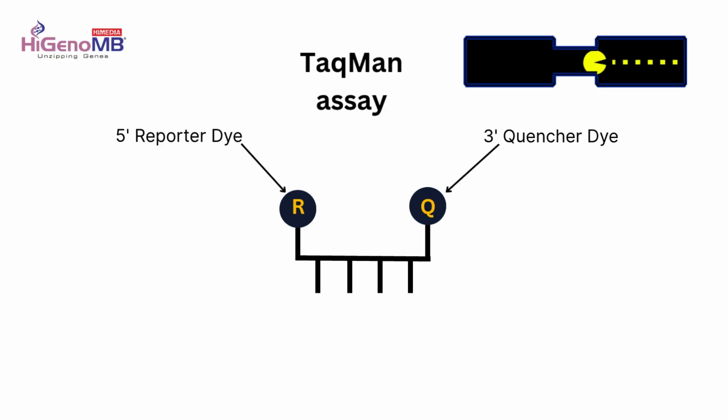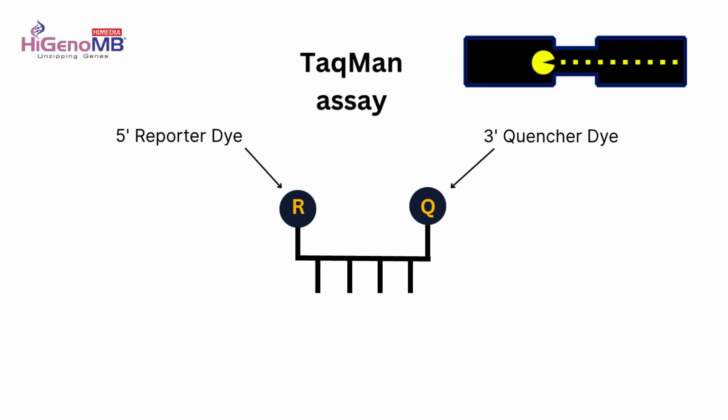When the extension of the primer happens, the DNA polymerase will keep on extending the primer, and it reaches the fluorophore or the probe.